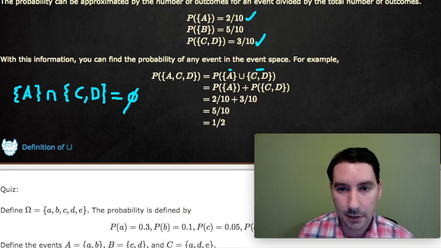So the probability of A union CD is the probability of A plus the probability of CD. Then we plug in these numbers. So the probability of A is 2/10, the probability of CD is 3/10, right, listed up here. And 2/10 and 3/10 give us 5/10 or 1/2. So the probability of A, C, or D happening is 1/2.